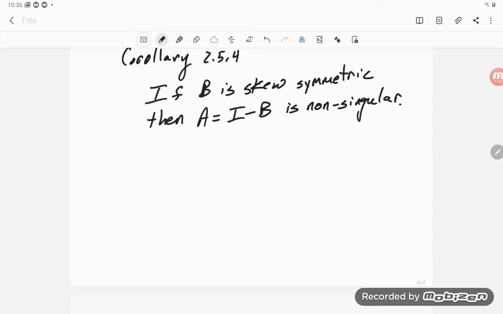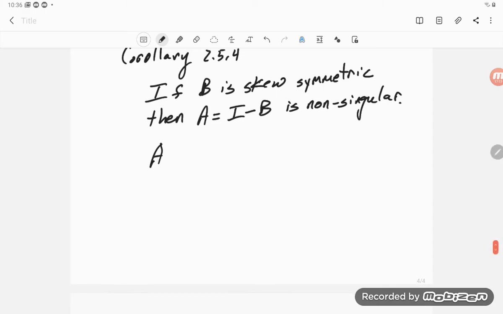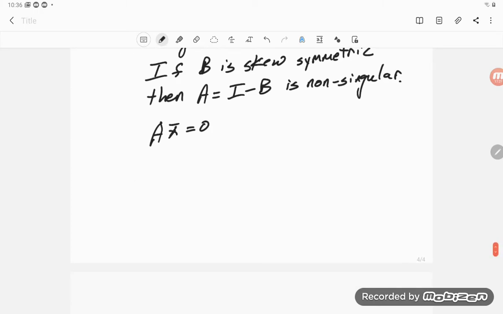And so then what they do is they look at Ax equals 0. What we know is if that only has the trivial solution, then it must be that A is non-singular. So that's what they're shooting for.